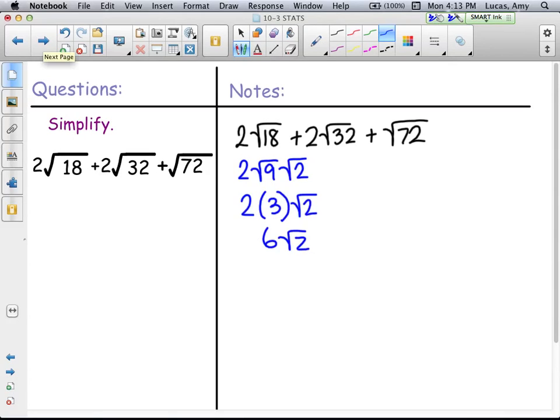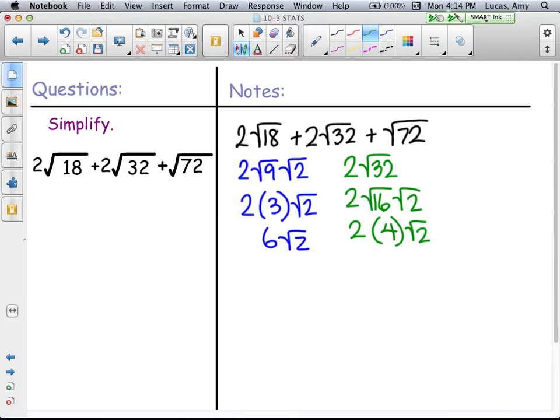The next one, switch colors here. The square root of 32 is 16 times 2. The square root of 16 is 4. So this one would be 8 times the square root of 2.